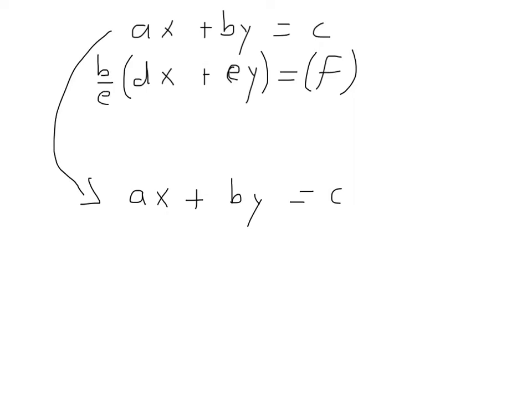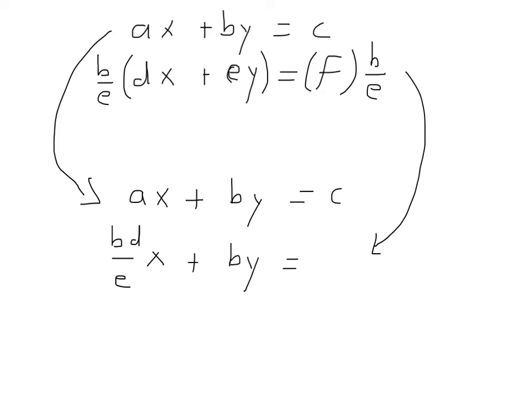And I think the reasons I'm doing that will become clear in just a minute. I'm going to rewrite this modified second equation underneath the original first equation. So we have bd over e times x, and we have by, we have fb over e.